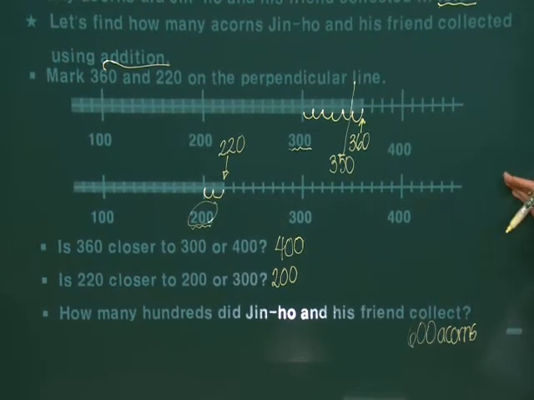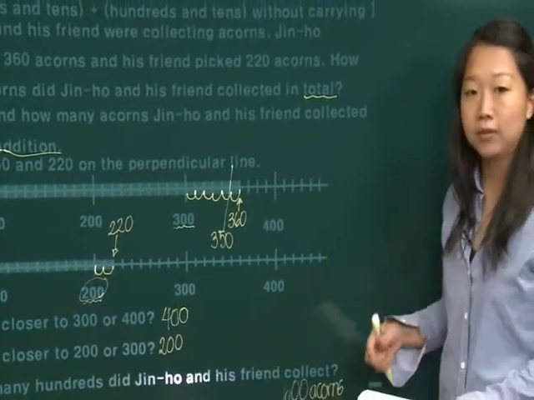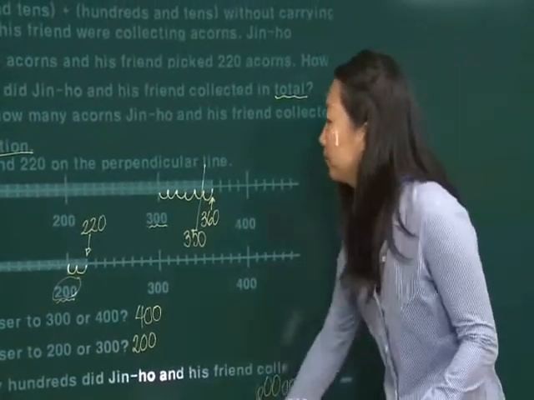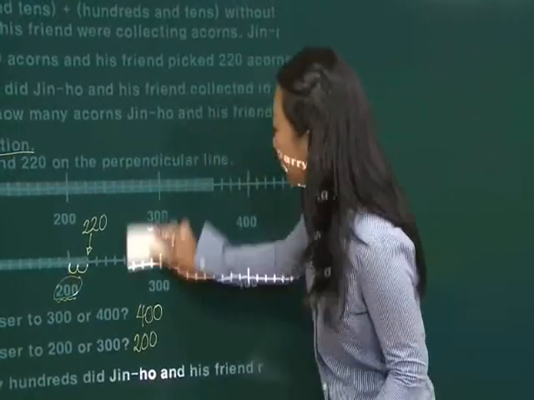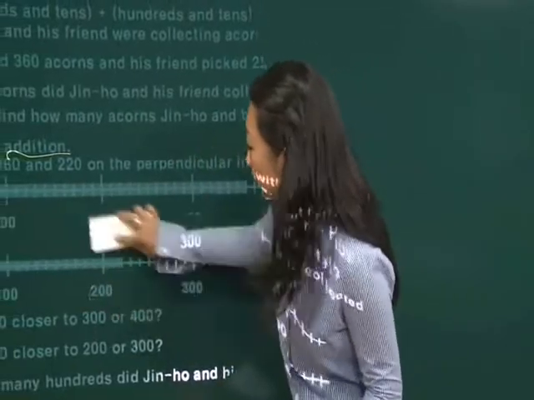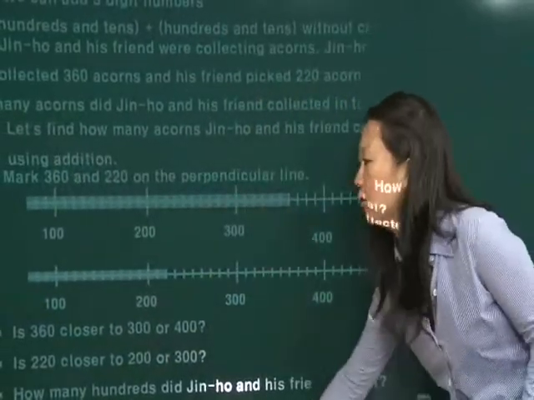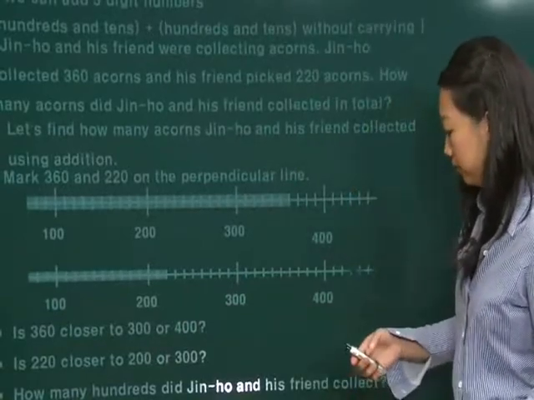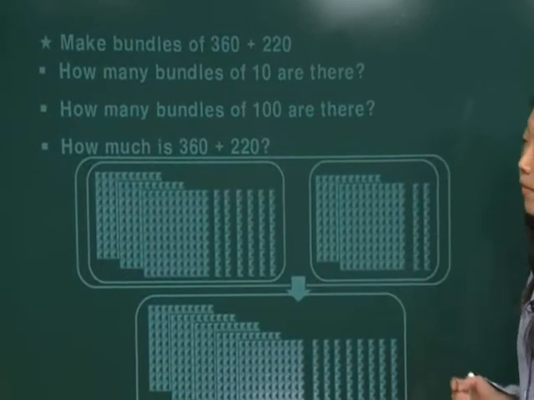But there will be those who don't understand how to solve this. So how about if we solve this using some bundles, okay? But if you understand this, you don't need to use the bundles. The bundles are for those who don't really understand how to solve this. So how about if we take a look using bundles? What's the first step that we have to do?